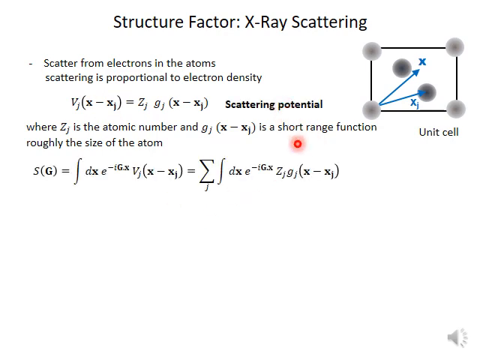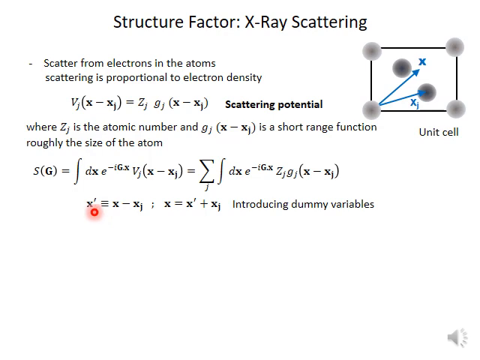So then the structure factor can be found by putting this summation, this potential, inside the structure factor integral, and then you sum over all the atomic positions within the unit cell. So j is the summation over all the atoms. To make this integral a bit easier to understand, we can do a substitution of variables.